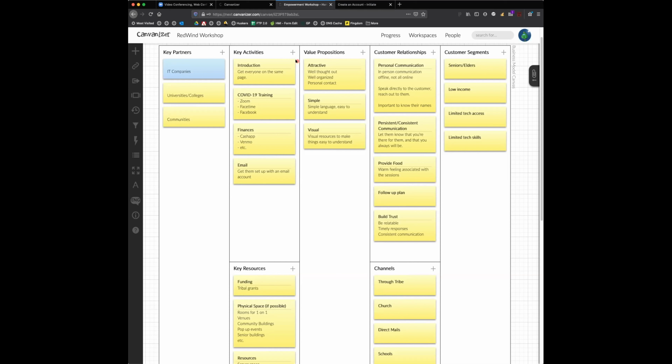The type of trainings that we just kind of came up with very quickly was, of course, Zoom, and just having that virtual online presence for meeting spaces. FaceTime is also a part of that. How do you work that? Facebook, social media in general, for those that might have to interact with their family in different types of capacities.